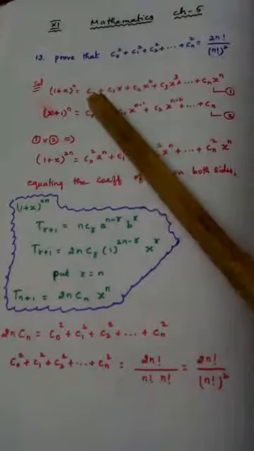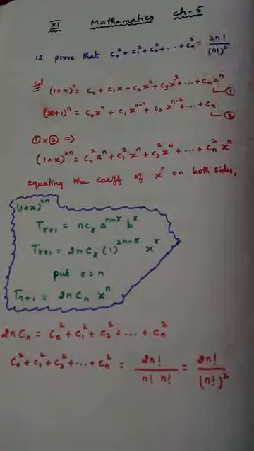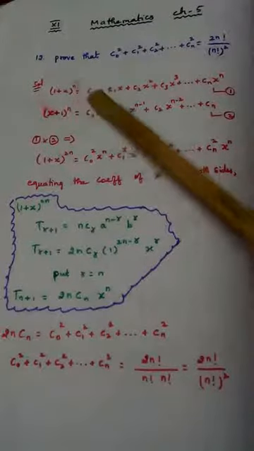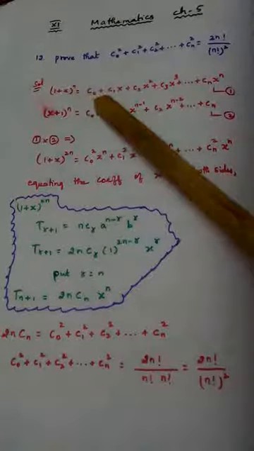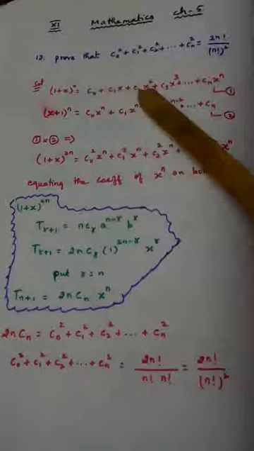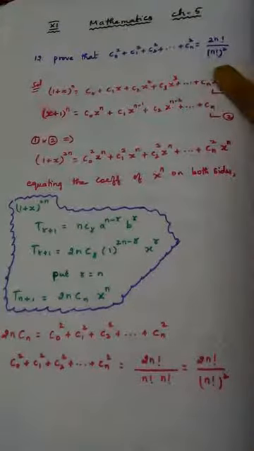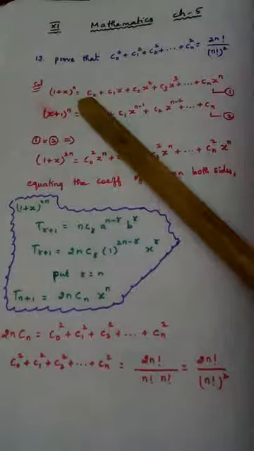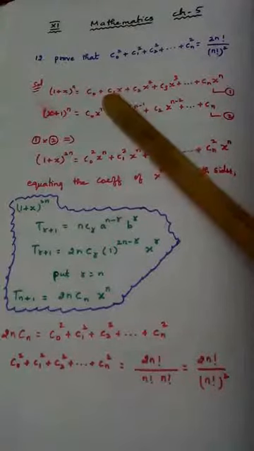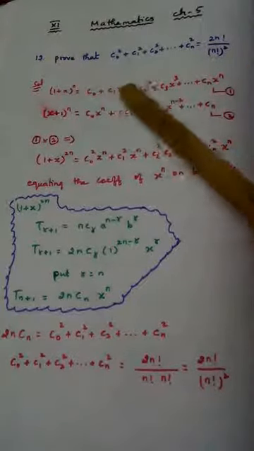In place of nc0, we have just written c0 according to this notation. So actually the formula starts with nc0, written as c0, plus nc1x plus nc2x square plus nc3x cube plus etc. ncn x power n. Instead of writing nc0, we are simply writing c0, and instead of writing nc1, we are writing c1 like that. So this is the formula that we know.